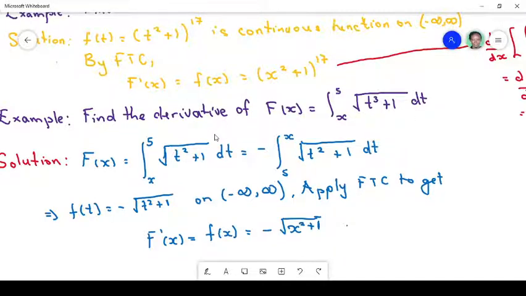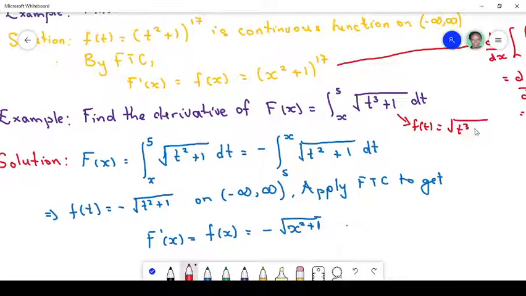So from here, my f of t is going to be equal to the square root of t cubed plus 1. So let's find the derivative.